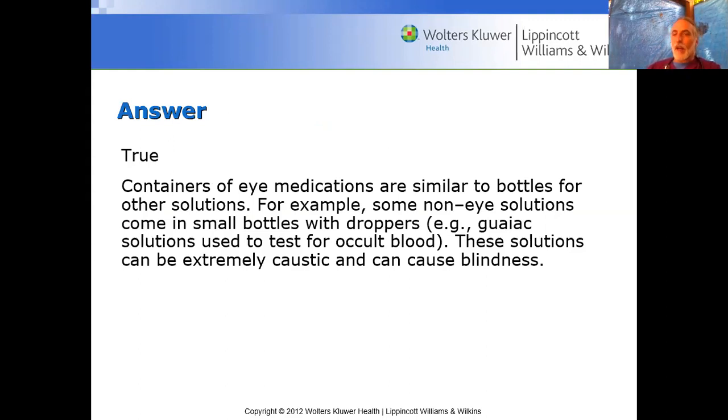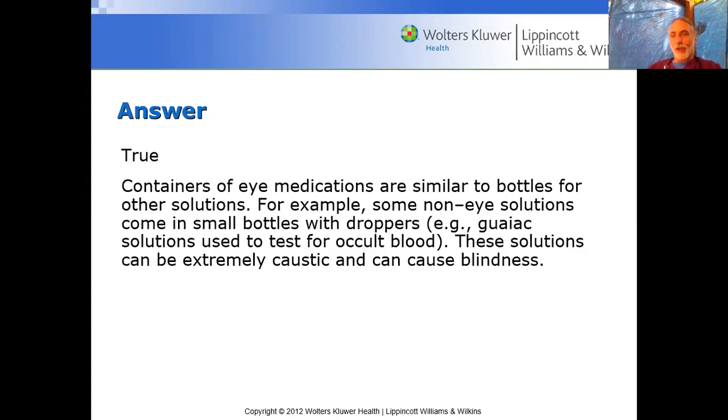So, guaiac, testing for occult blood. Some of you may have done this as nursing assistants. If not, a stool sample is taken, placed on a developer card, and a developer solution is placed on there. And if it turns blue, you've got blood. They come in little bottles, about like this.